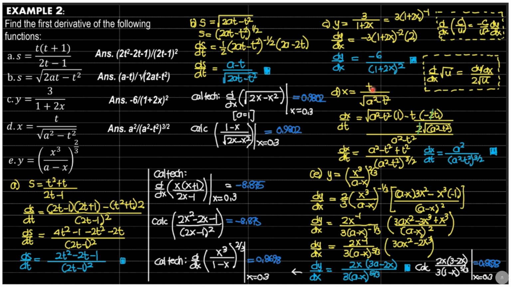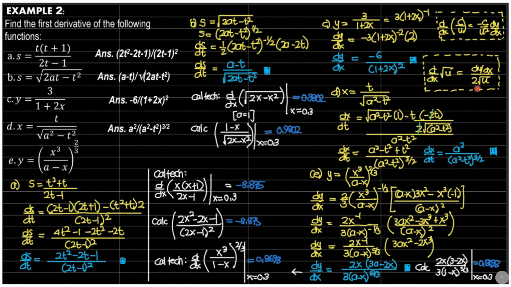So this is derivative of ratio u over v. So the derivative is denominator times derivative of numerator minus numerator times derivative of denominator. Derivative of square root of u is equal to the derivative of u, derivative of a squared minus t squared is negative 2t, then divided by 2 square root of u.